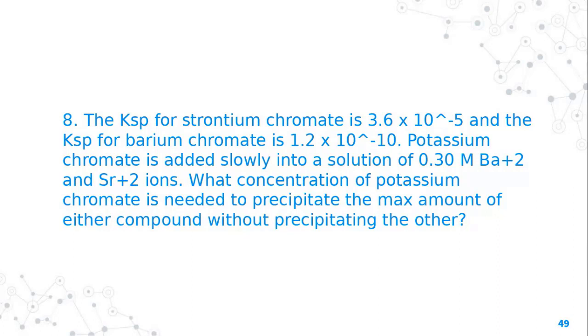And then potassium chromate, K2CrO4, is slowly added into a solution of 0.30 molar barium and strontium ions. What concentration of potassium chromate is needed to precipitate the maximum amount of either compound without precipitating the other? So we're looking to precipitate one of the compounds as much as we can without the other. So which one would precipitate first?